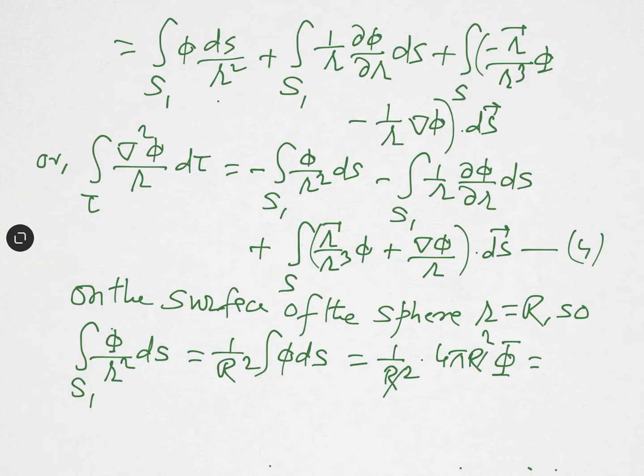This R square will cancel out, so this will be 4 pi capital Phi.